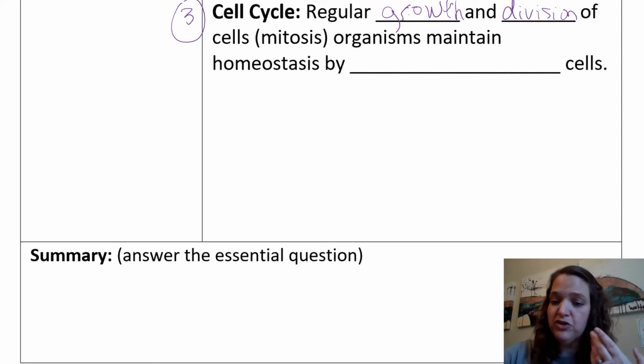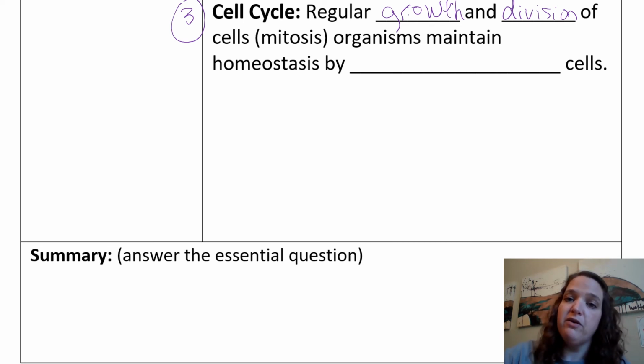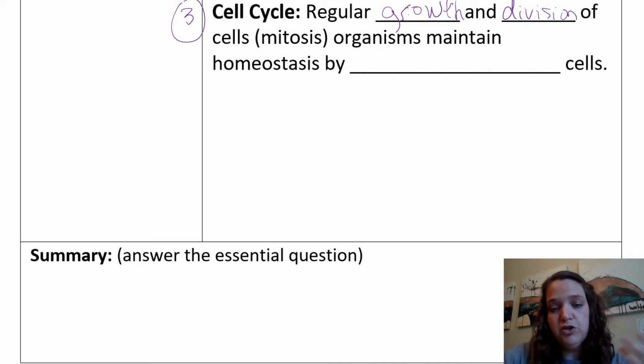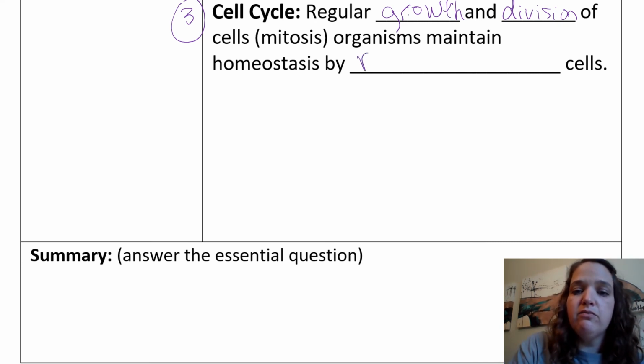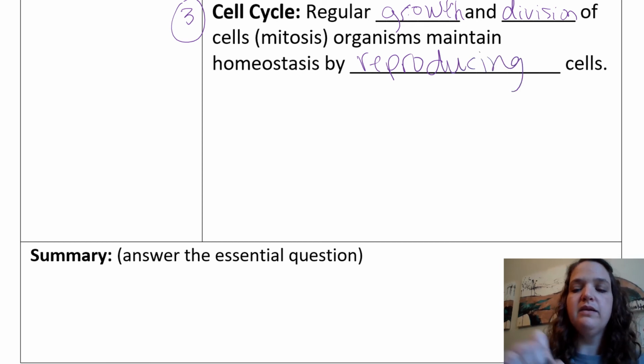If you ever injured yourself, maybe you cut your finger or something, the skin tissue, your cells divided to repair that tissue damage. So cells must reproduce in order to maintain homeostasis, right? So that organisms maintain homeostasis by reproducing cells.